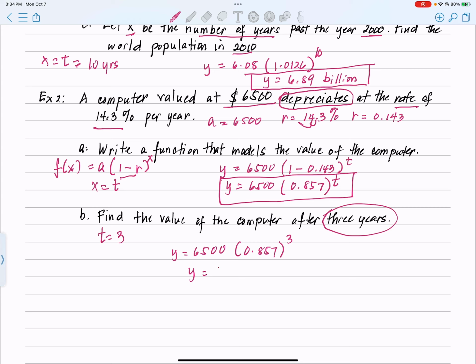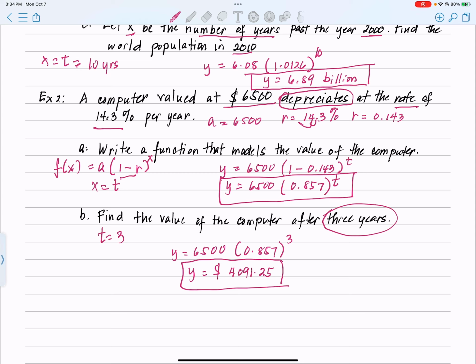This is in terms of dollars. So after 3 years, the 6,500 computer depreciates, and it is in the value of 4,091.25.